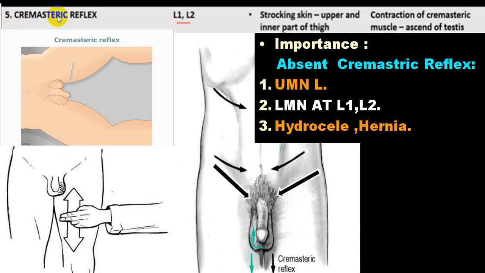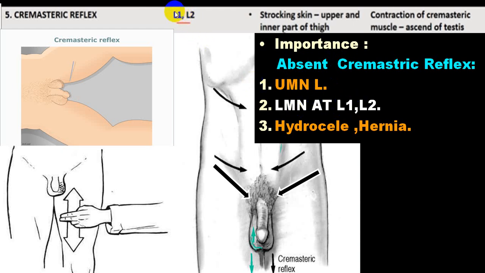Similar thing in cremastic reflex: you scratch on the upper and inner side of the thigh, you get the testis elevated. Stroking the skin in the upper and inner part of the thigh, you get contraction of cremastic muscle and testis is lifted up. If it is absent, it is classical in case of upper motor neuron lesion or lower motor neuron, because the root value is L1, L2.